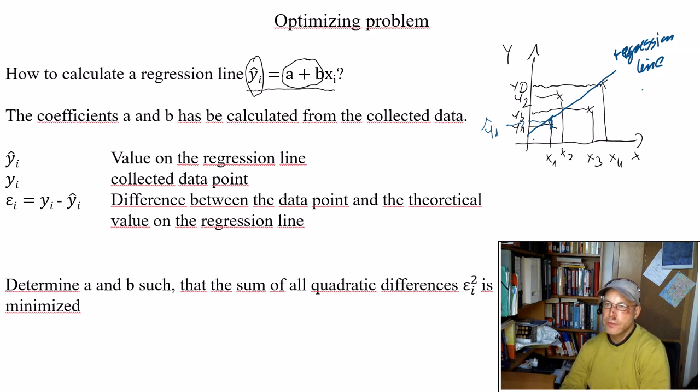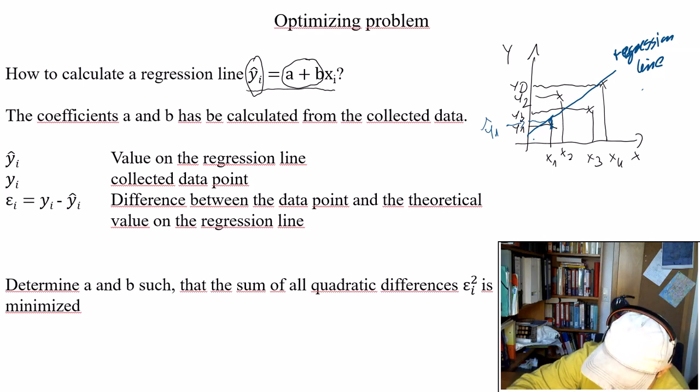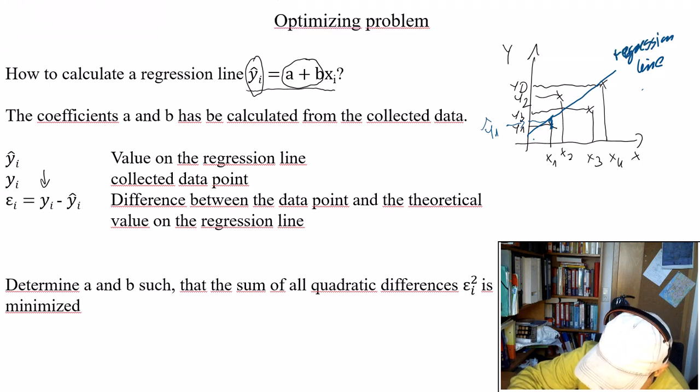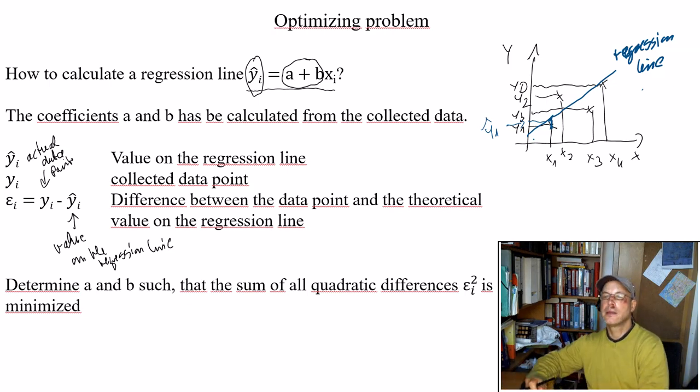So in general, we will have a difference between the actual data point and the value on the regression line.